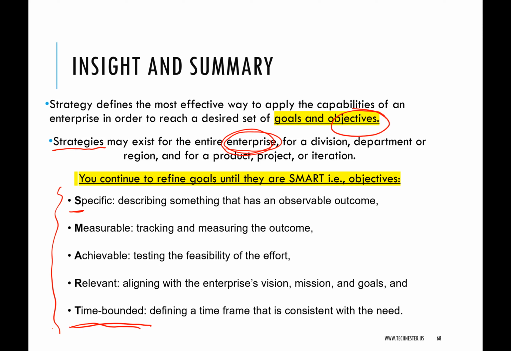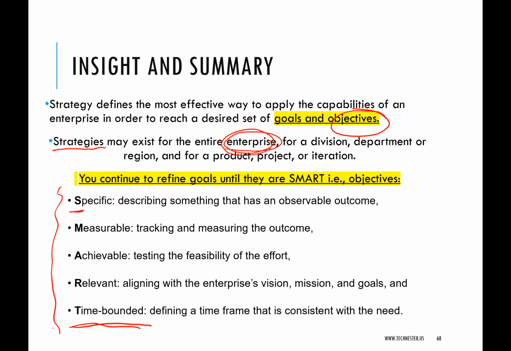So that goal has now become smarter. We want to increase the number of students in the 25 to 55 age bracket by 40%. Since this person has now told us it's 40%, we will know when we are successful. And he's saying within 6 months, so we now know there's a time frame that we can work with.